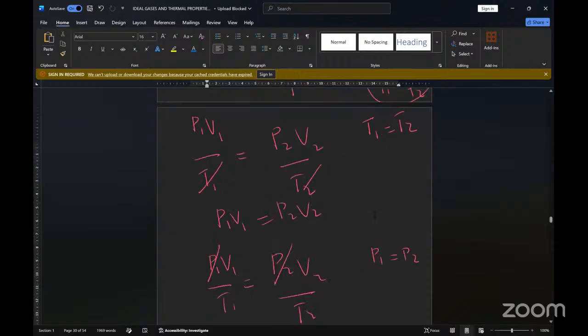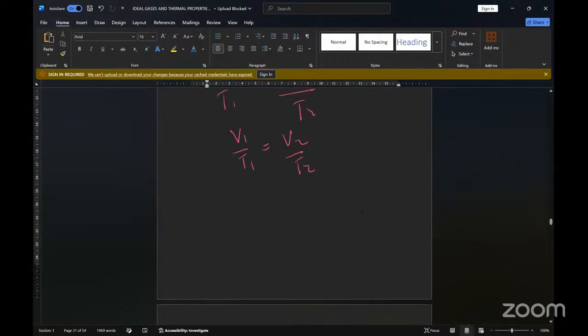Okay? Then let's go to Gay-Lussac's law. We use the combined equation again: P1 V1 over T1 is equal to P2 V2 over T2. Gay-Lussac's law says at constant volume. So your volume is constant. It means your V1 is equal to V2.